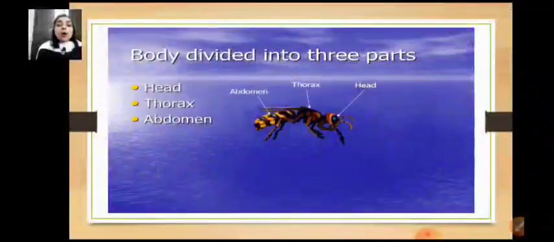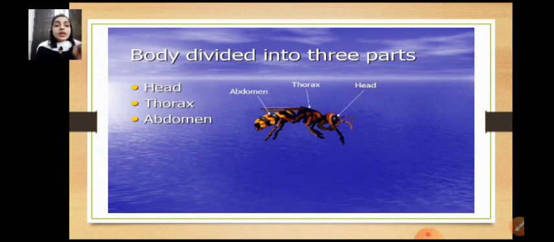So let's discuss the body of insects. The body is divided into 3 parts: head, thorax and abdomen. Can you look at the picture? This is a GIF which I have taken from the internet.